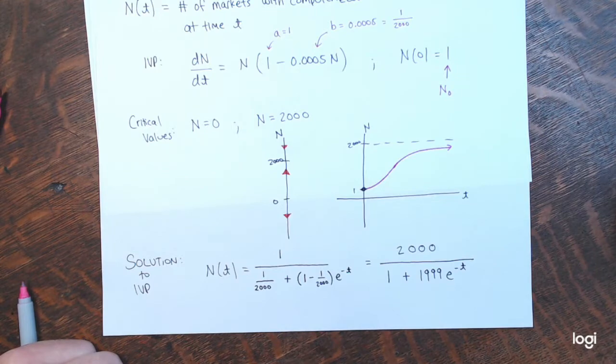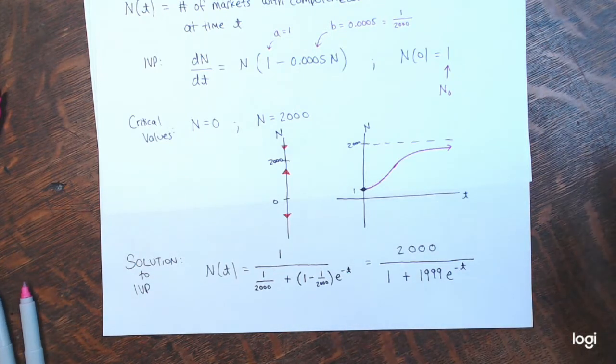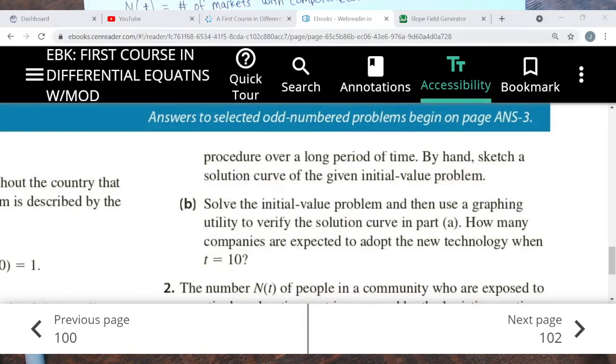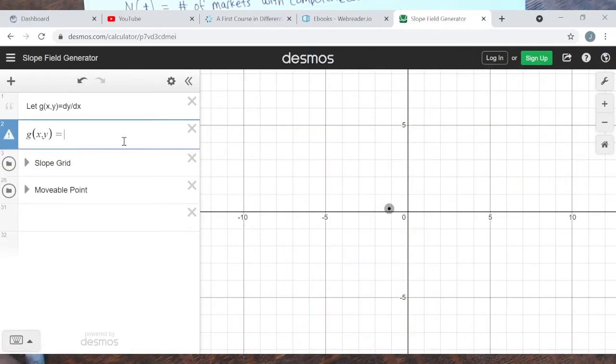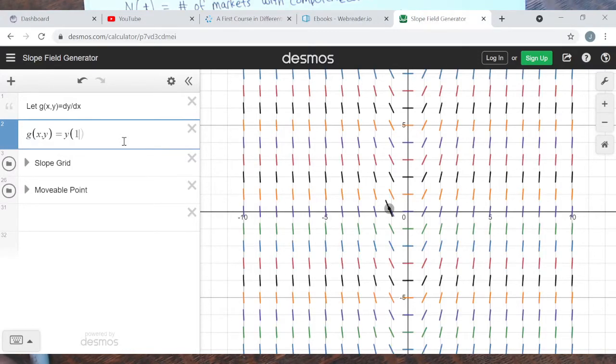And let's take a look at this. Let me actually show you. I'm going to go back to the websites and pull up the slope field generator in Desmos. But instead of N and t, we have y and x. So instead of N, I'm going to use y, and instead of t, I'm going to use x. I'll put up the slope field first: y times 1 minus 0.005y.